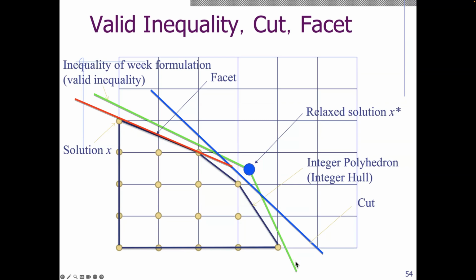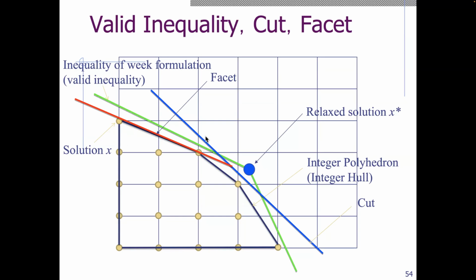The intersection of this formulation and the integer lattice is the set of solutions. The formulation gives us a relaxed solution that is an optimal solution x* of the linear programming relaxation. This blue large circle is the relaxed solution of the weak formulation. The valid inequality that does not include x*, in other words, that cuts off x*, is called a cut or a cutting plane.